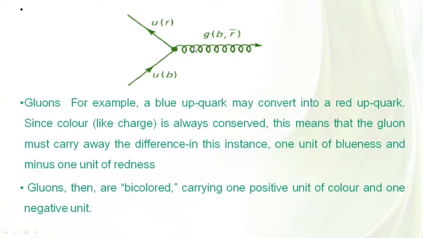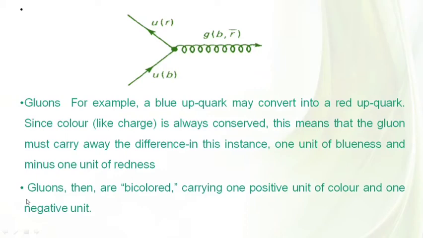Blue is positive and red color is negative, and a red up quark is produced again in this interaction. So, for example, a blue up quark may convert into a red up quark in this process. Since color charge is always conserved, the gluon must carry away the difference in this instance: 1 unit of blueness and minus 1 unit of redness.